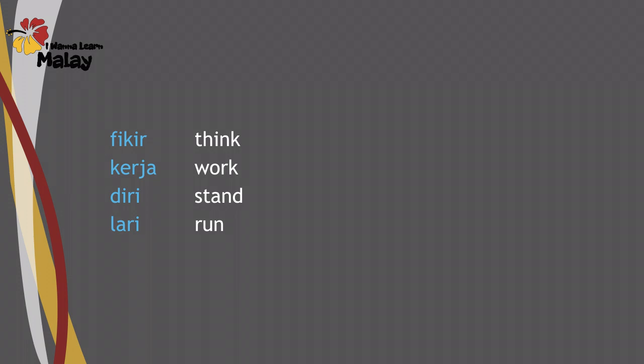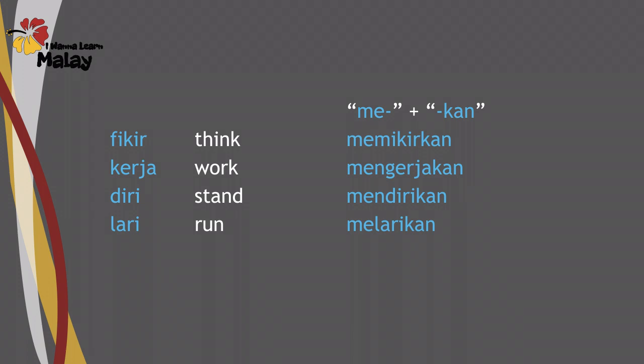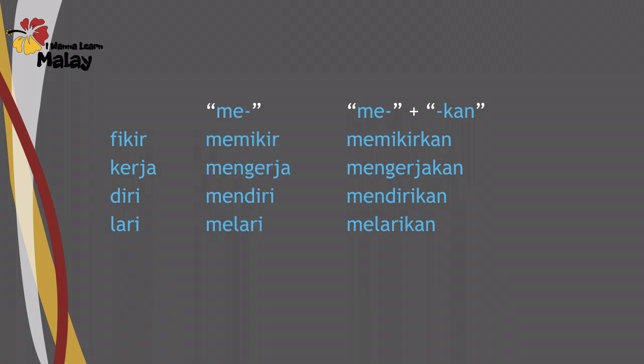For these examples, you may see them with makan, memikirkan, or melarikan, but you won't see them with just me prefix. The addition of makan would produce transitive verbs, which means that the action is being done on or with an object.